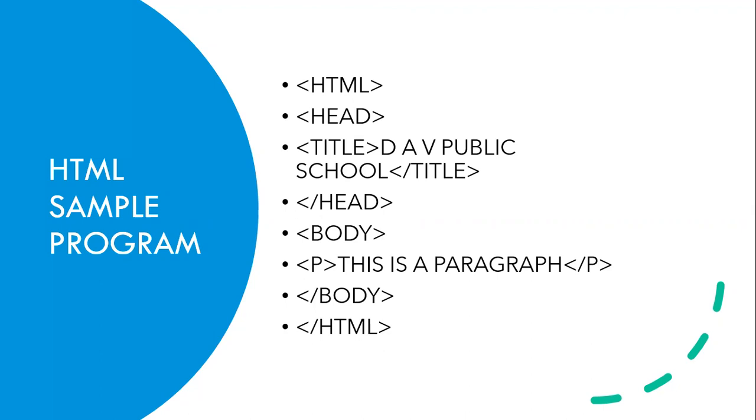Within the body tag, we will have several para tags, images, links, lists, tables and all. Whatever it may be, all those will come inside the body tag. Once those paragraphs are completed, I have closed the body tag and closed the HTML tag. Isn't it clear? Now let us move to the next topic.